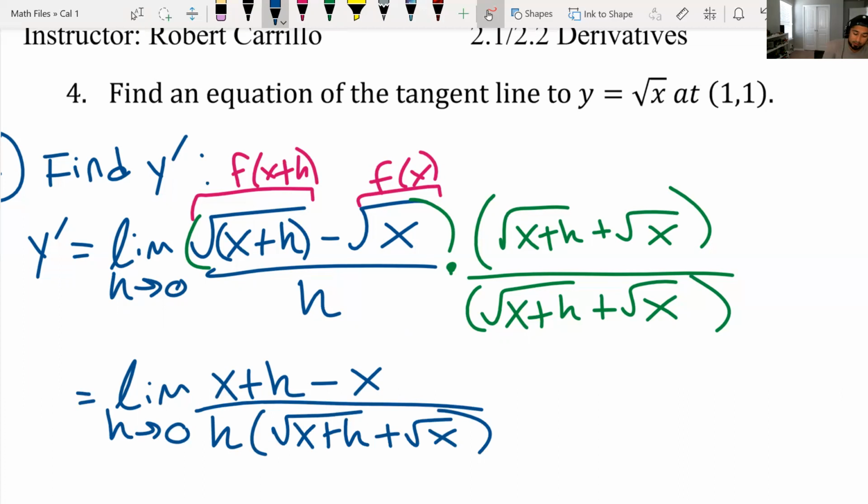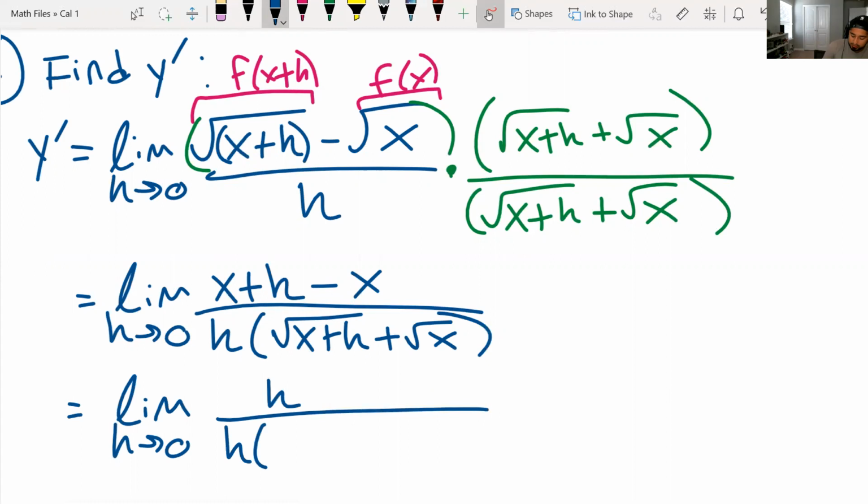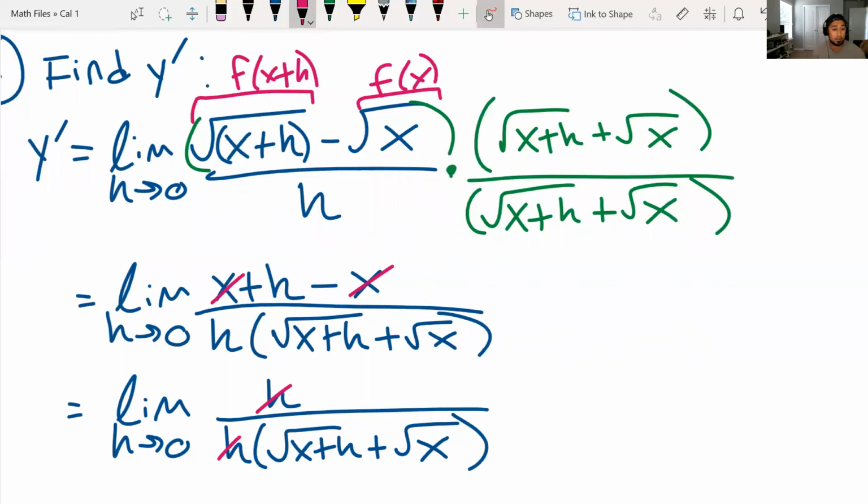Okay, clean up again. And we'll get the limit as h approaches 0 of h over h times the square root of x plus h plus the square root of x, where my h's will cancel. Up here, your x is canceled too.